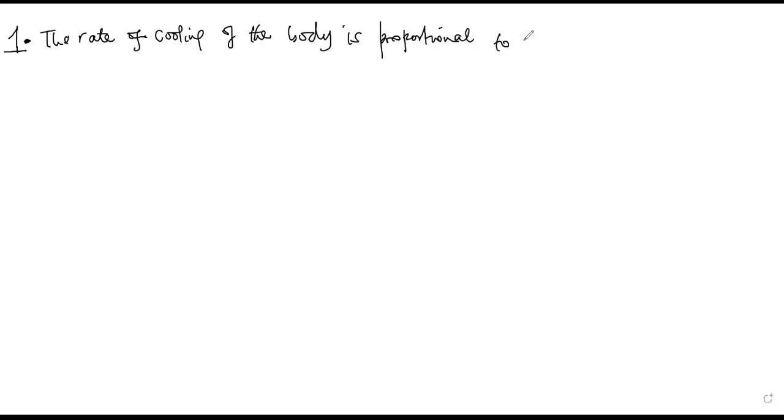The rate of cooling of the body is proportional to the excess temperature of the surrounding air. Full stop.